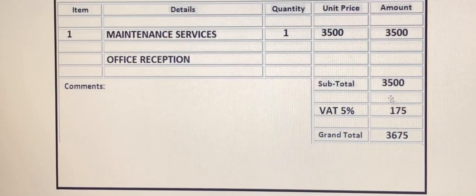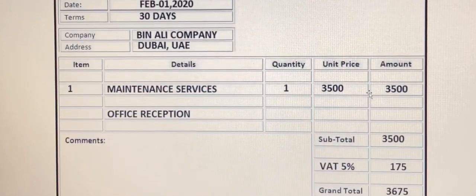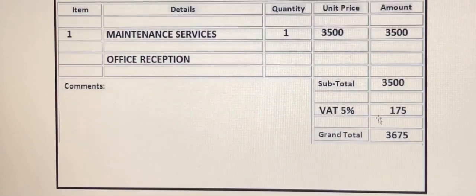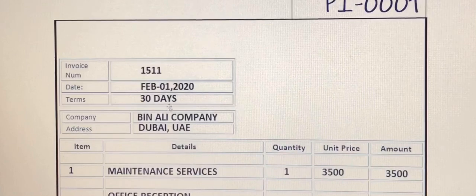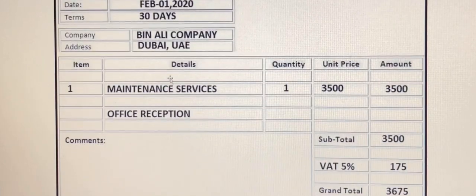Okay, so we're going to journalize this. This is a maintenance service, so our debit is maintenance expense, and the VAT on purchase will also be debited, and credit to accounts payable, which is Bin Ali Company.